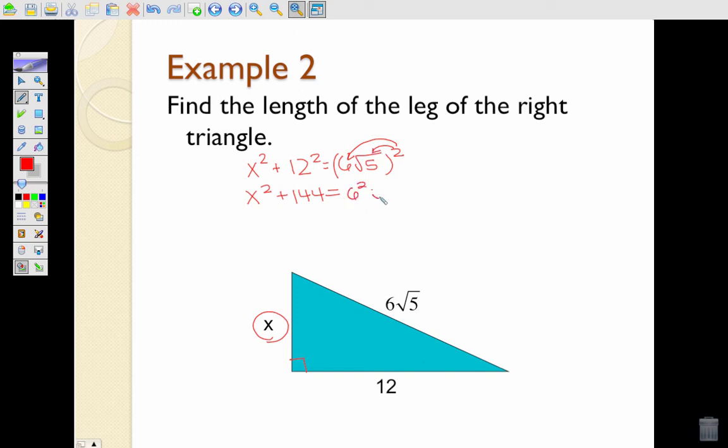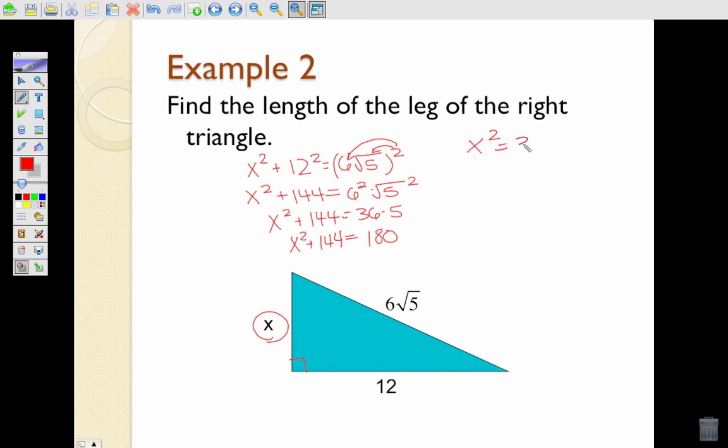So I have 6 squared, and I have square root of 5 squared. You don't have to always write this whole step out. I just want you to make sure you understand that that would be 36 times 5, which is 180. So x squared plus 144 equals 180.